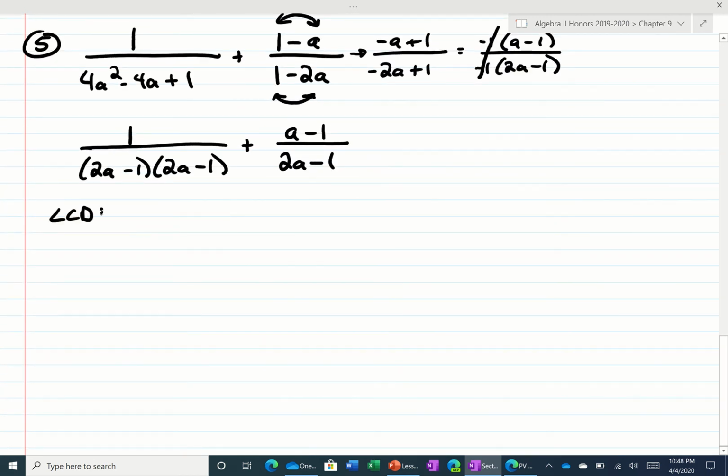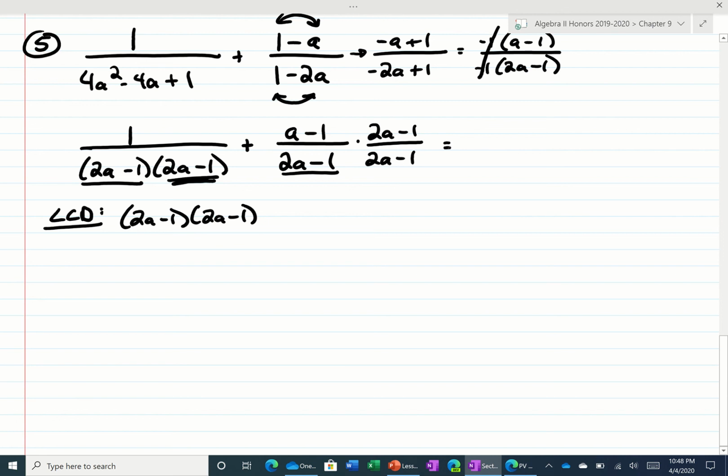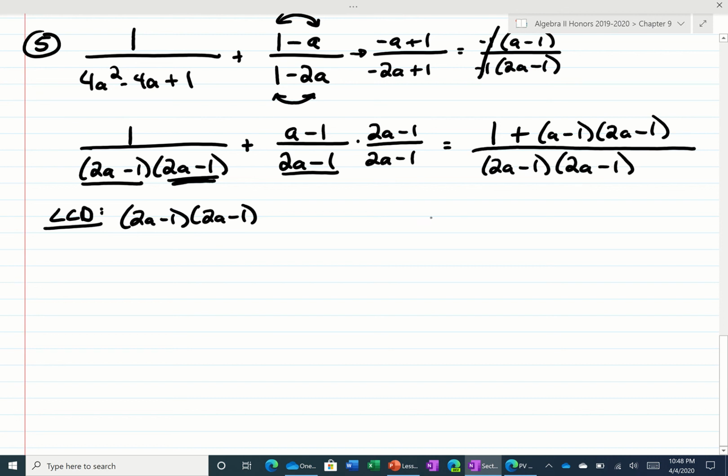So now let's talk about our least common denominator. We definitely need a 2a minus 1 because this has it and this has it, but this has another factor of 2a minus 1. So we have to put that on this one too. So when it's all said and done, we're going to have 1 plus a minus 1 times 2a minus 1, all divided by 2a minus 1 times 2a minus 1. 1 plus, this would be 2a squared minus, let's see, 2a squared minus a minus 2a is minus 3a, and then plus 1.